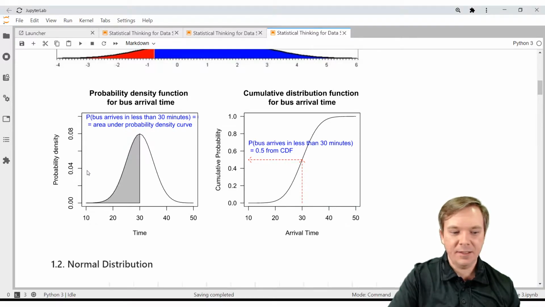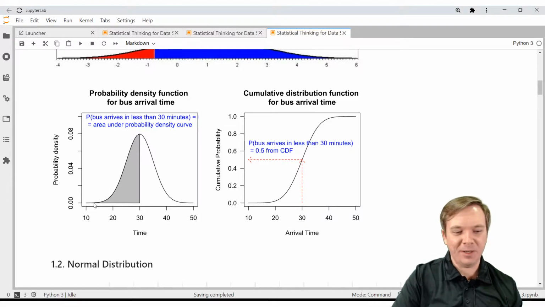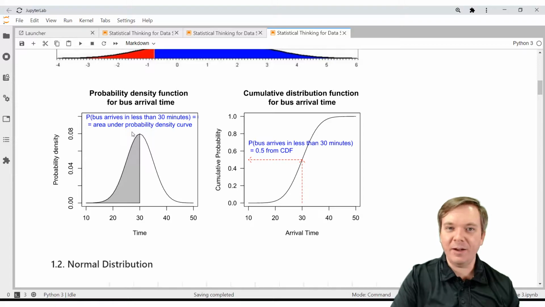That will tell us the probability that the bus will arrive in less than 30 minutes. Now, we don't need to do calculus, but this is the way you would do it using an integral. We can just measure it, which is nice, using simulation. So no calculus required, but we will be measuring the area under the curve.